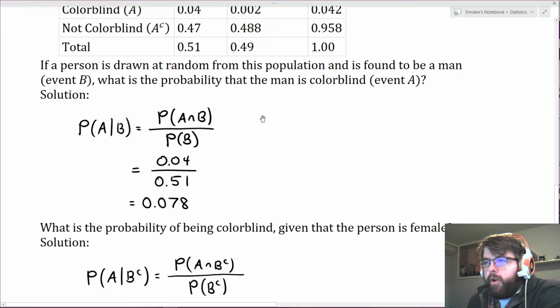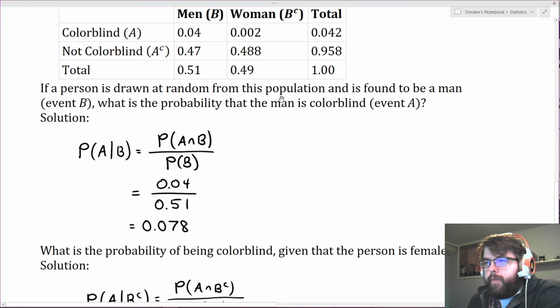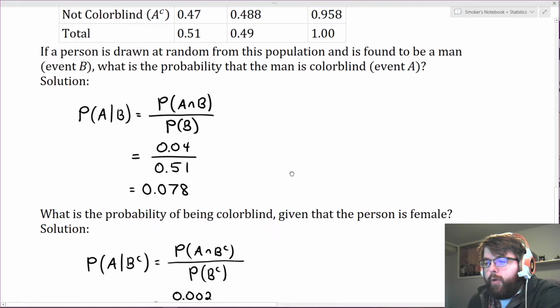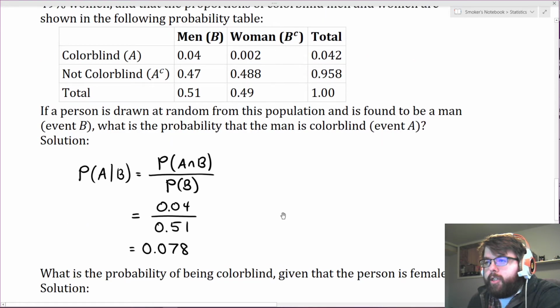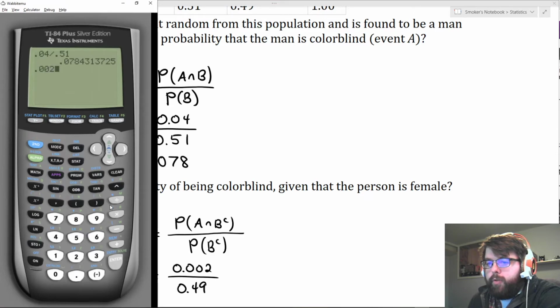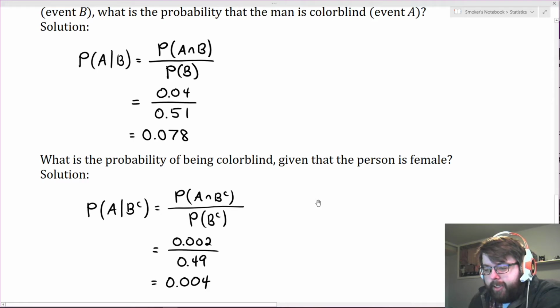Now we're going to use 0.002 for the intersection between colorblind and female, and 0.49 for the percentage that are female. On our calculator, 0.002 divided by 0.49, you find out that you're having a girl, and there's only a 0.4% chance that they are colorblind, as opposed to a 7.8% chance.